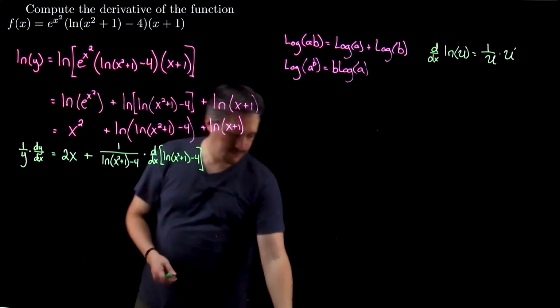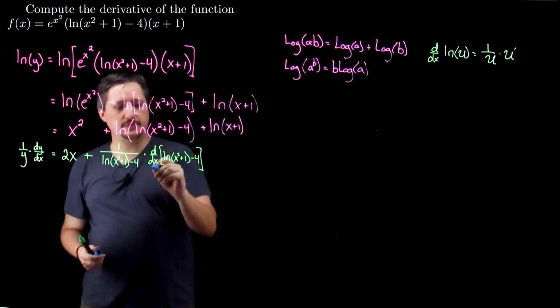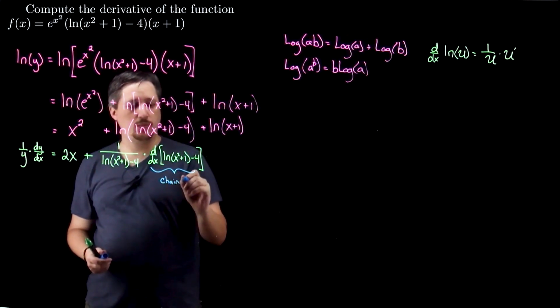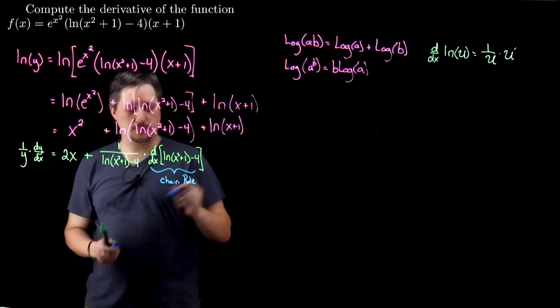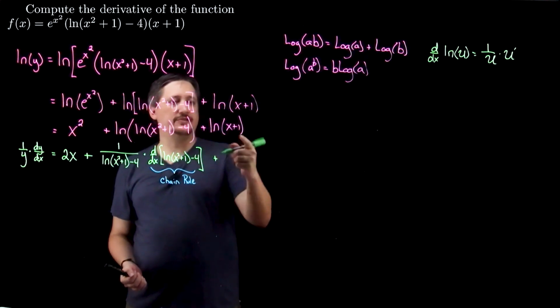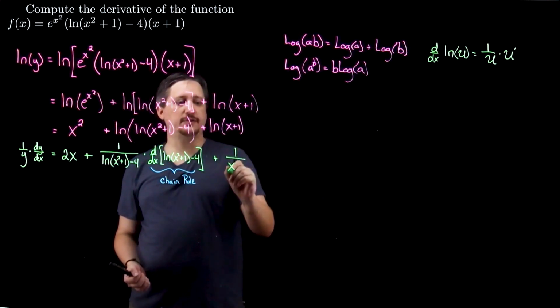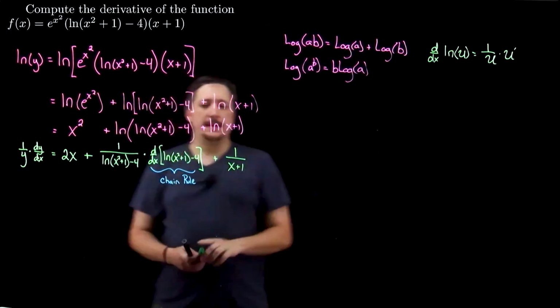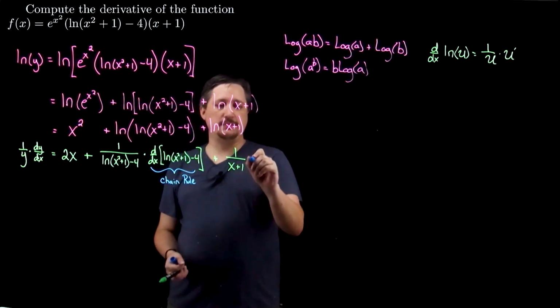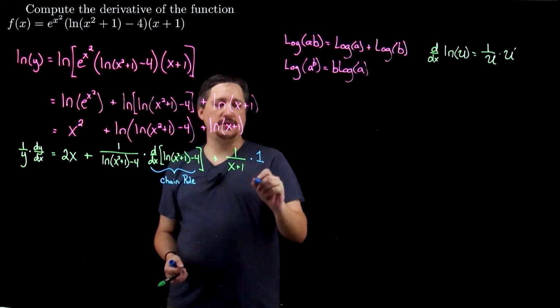Again, to be clear, all of this is the chain rule. And then I'm going to have plus 1 over x plus 1. Same deal here: I have to take the derivative of x plus 1, but that's just 1, right? So this is also chain rule.